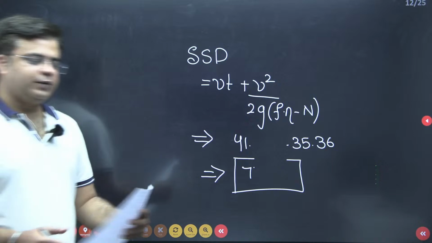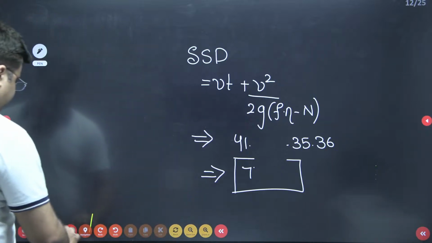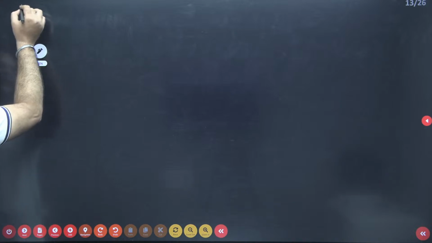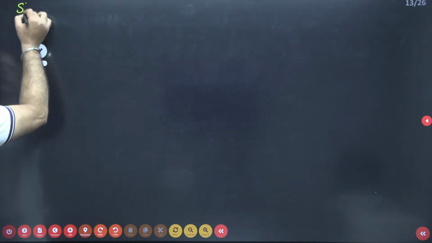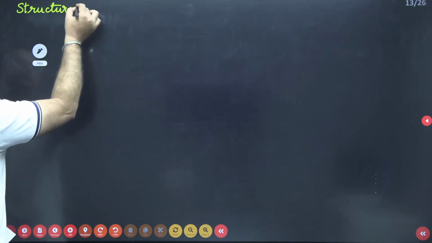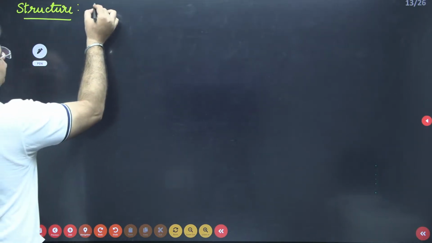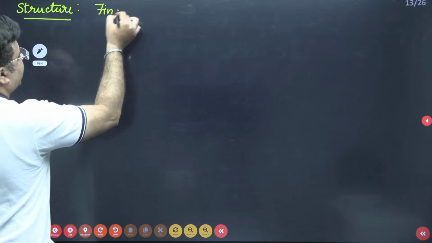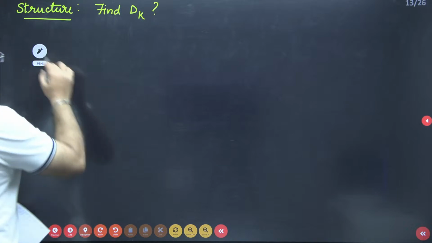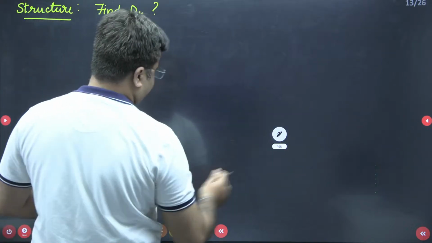Okay, so here is the first question from structural analysis. They have asked you to calculate the degree of static indeterminacy and kinematic indeterminacy. So this is from structures, and you need to find the degree of kinematic indeterminacy. So the frame is given to you like this.